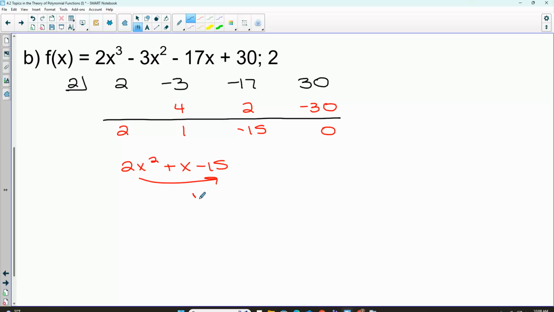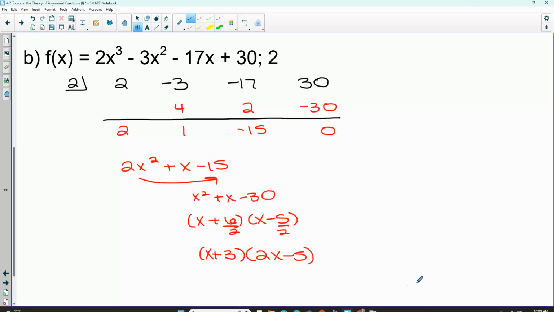If we slip and slide, that would factor into x plus 6, x minus 5. Divide our 2 back. So x plus 3, 2x minus 5.